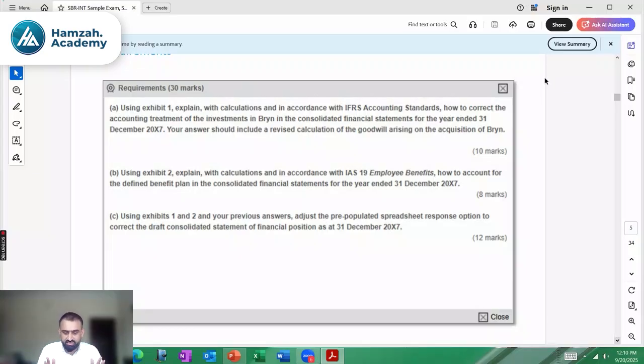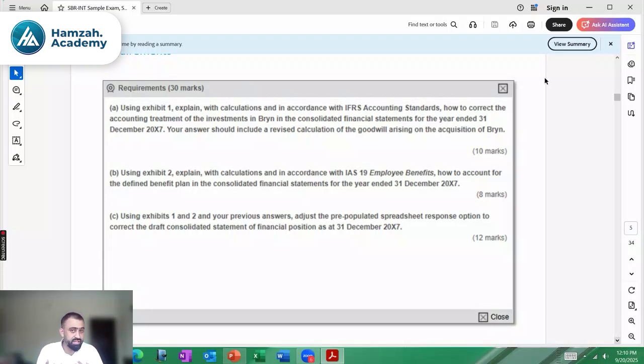So there are some issues with employee benefits, which is a defined benefit scheme. That is an issue of IAS 19, post-employment benefits. So we might have some issues relating to the post-employment benefit that need to be explained, discussed, and rectified. For that purpose, we will be having the second requirement.